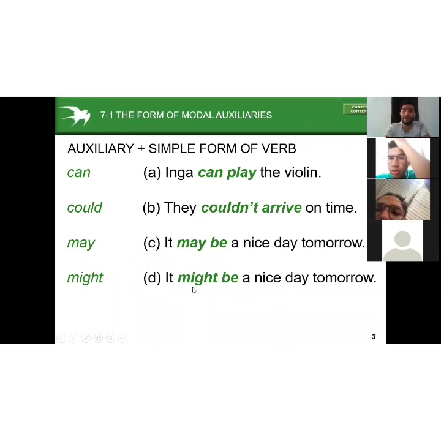It may be and it might be. Can somebody tell me about it? What is the difference between may be and might be? These two sentences are basically the same, but is there any other difference? What do you think?